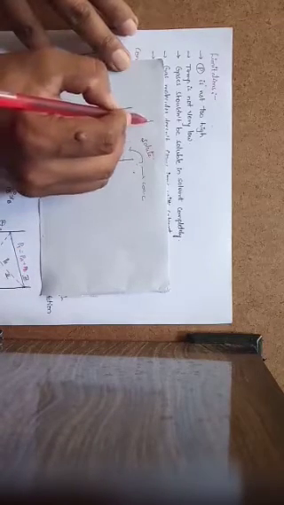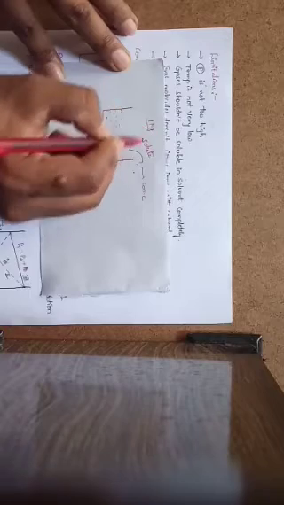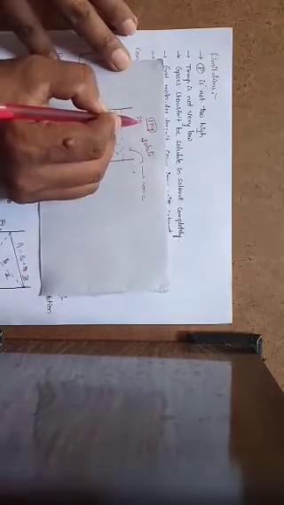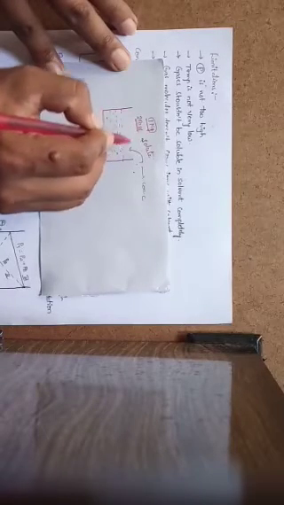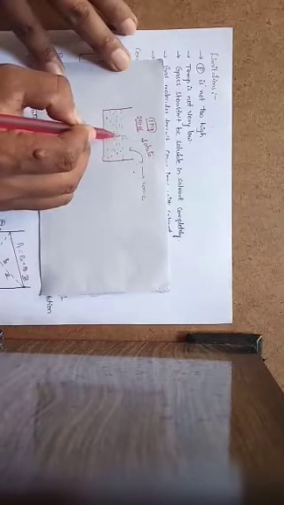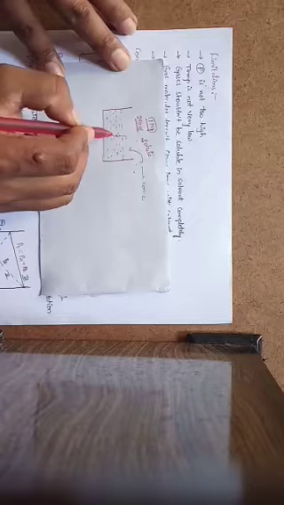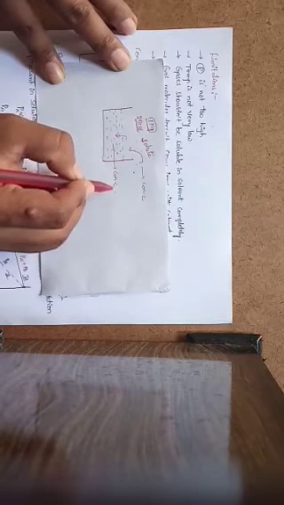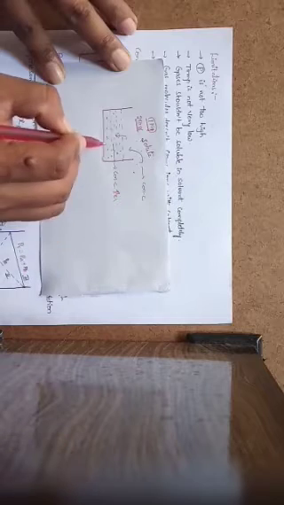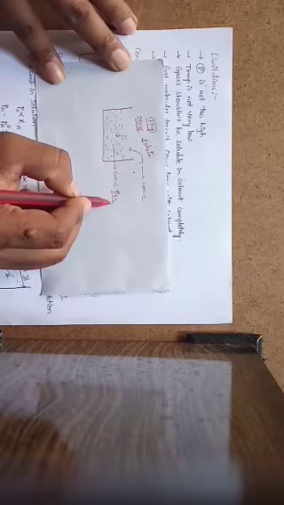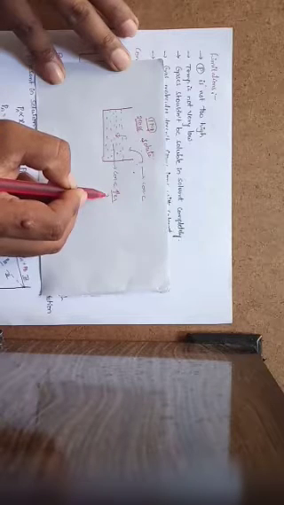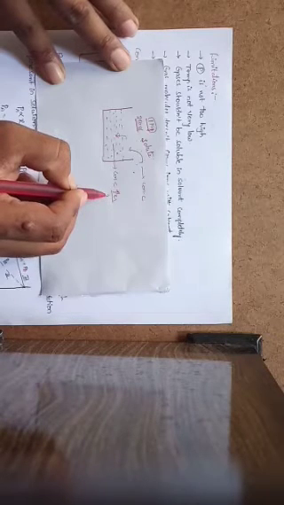For example, here 1 kg of solute is there. Out of this 1 kg of solute, if 250 grams of solute is dissolving in the solvent, and as a result the concentration of this solution increases, that process is known as the dissolution process. And next is crystallization.